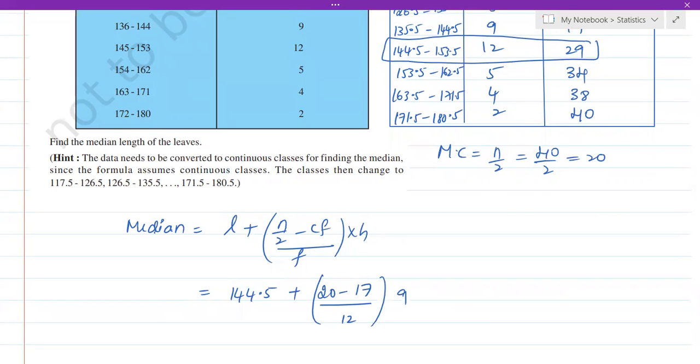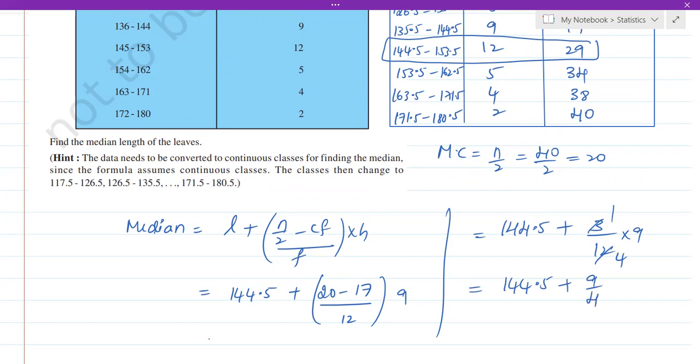Okay, 153.5 minus 144.5, yes, 9. So here we get it as, let's do the next step, 144.5 plus 20 minus 17 is 3, divided by 12, into 9. So 3 ones are 3, 3 fours are 12, so it becomes 9 by 4. Okay, 144.5 plus 9 by 4.